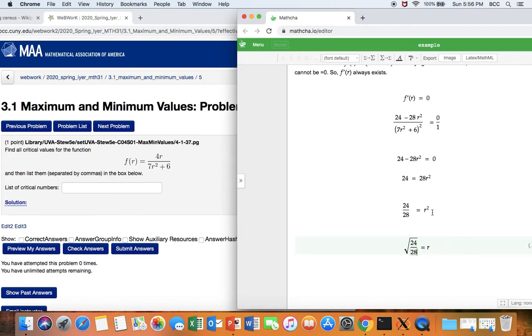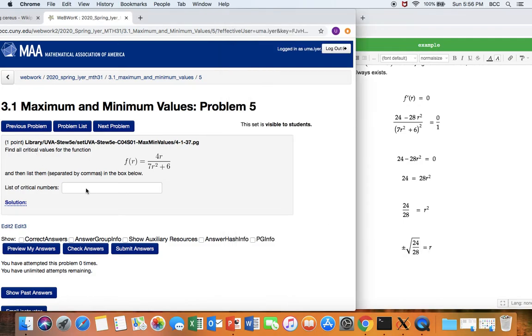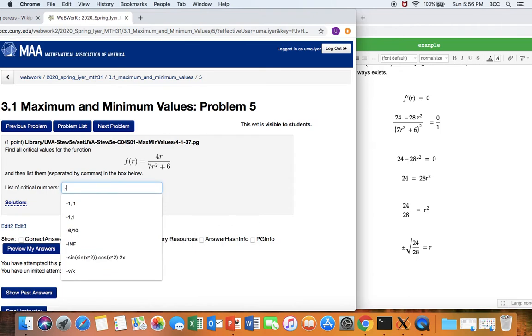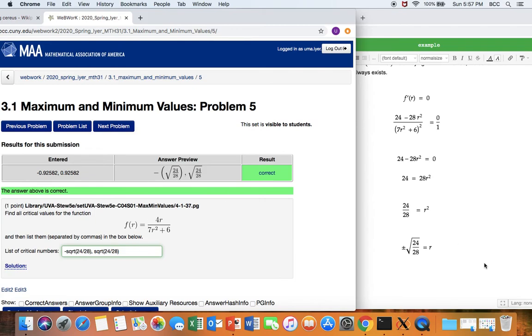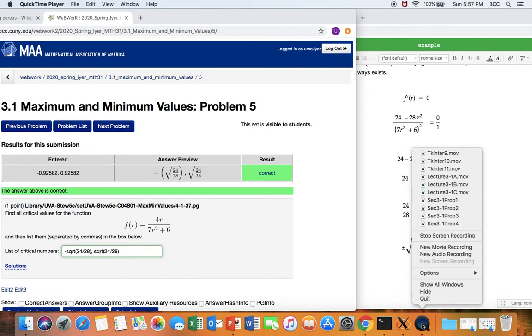The only thing you need to remember is that when you take the square root, you have the option of plus or minus. There are two answers, don't forget that. So one is negative square root of 24 over 28, and the other one is positive square root of 24 over 28. Submit, we are done. All right, see you until the next problem.